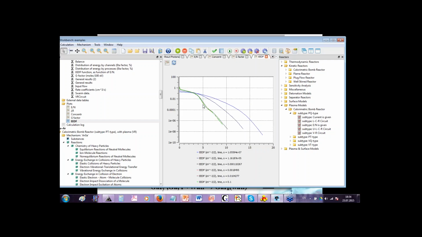So we have a steady state regime. Let us note that the jump of the distribution function in the area of about 5 electron volts is concerned with the losses of the electron energy for the excitation.